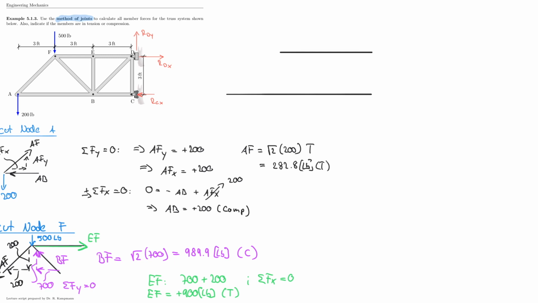I have the diagonal members, and I have them in both directions. And then I have the vertical members. And of course I have support reactions, but before I do that, I include my external 500, and here we have 200.